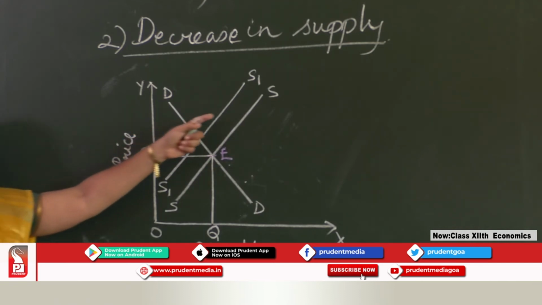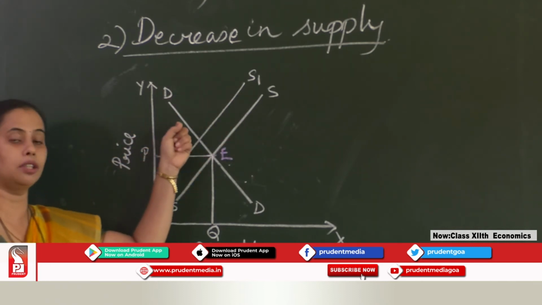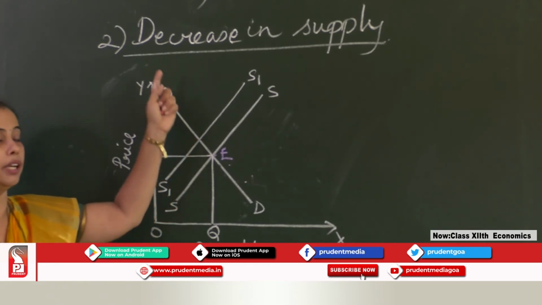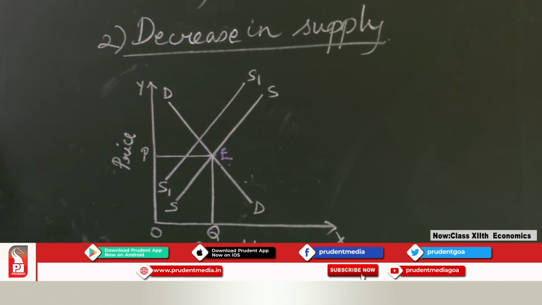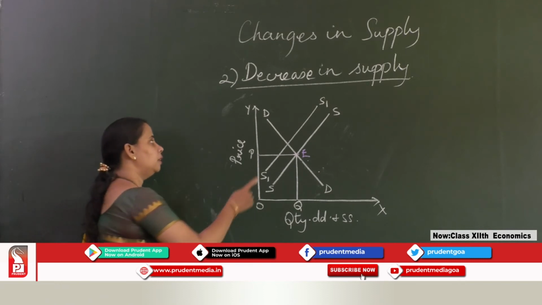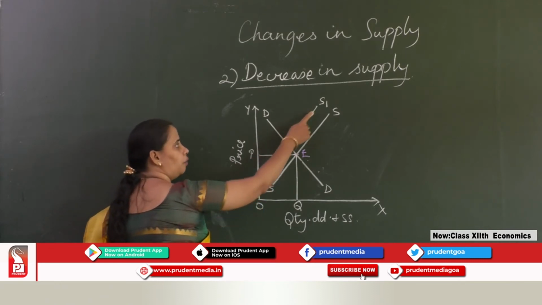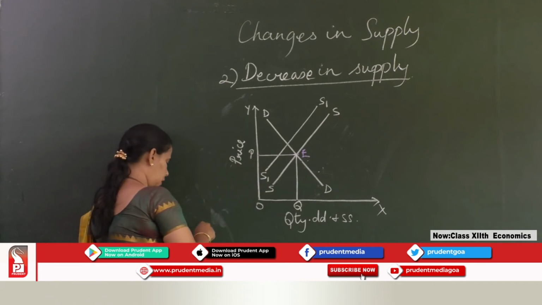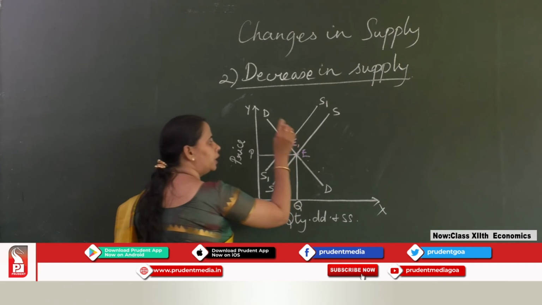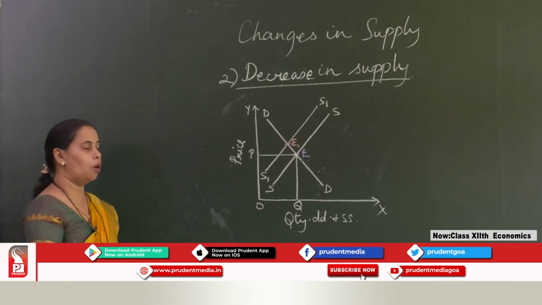Again, we have the new supply curve and the original demand curve, as we are taking the case of decrease in supply, demand remaining constant. So, the point of intersection between the original demand curve and the new supply curve, which is here, will be our new equilibrium, that is E1.